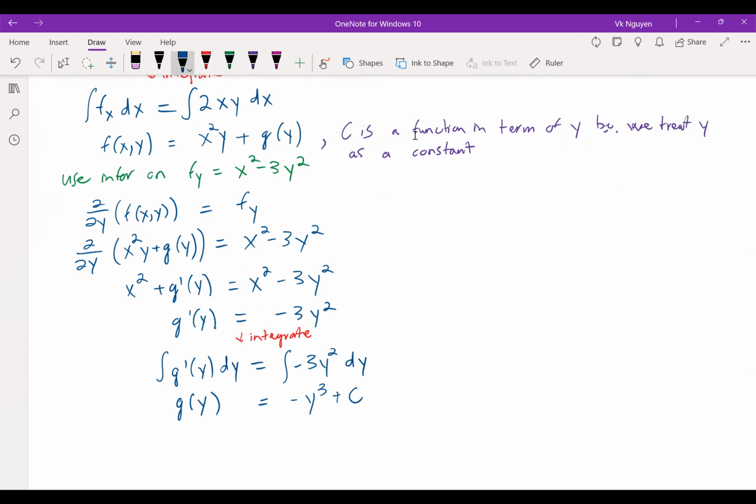And then finally, f is x squared y plus now the g(y), so minus y cubed plus c. x squared y minus y cubed plus c.